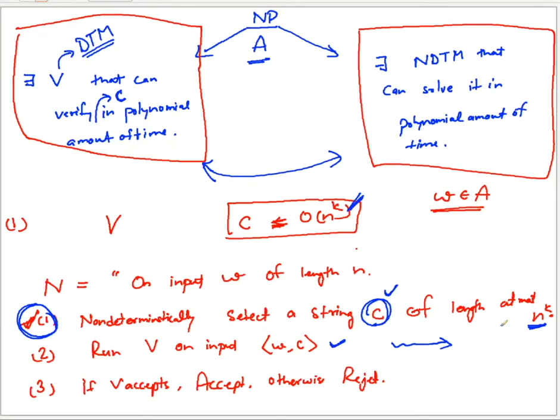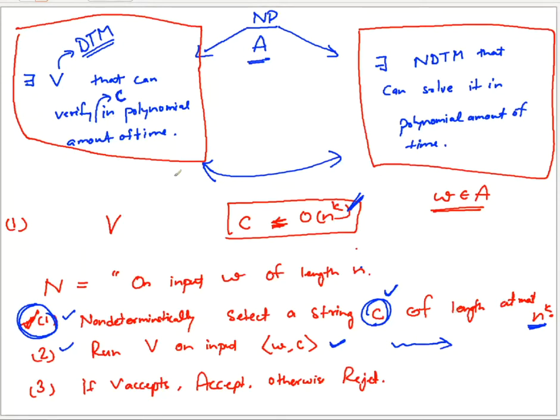So at most the verifier will require to read it, and because the verifier runs in polynomial time in the length of w, which is n, certainly it will take polynomial amount of time. So step 1 takes polynomial time in n, step 2 takes polynomial time in n, but because it is a non-deterministic selection, this is a non-deterministic Turing machine that runs in polynomial time. So this is the conversion. Given the verifier, you can design a non-deterministic Turing machine.